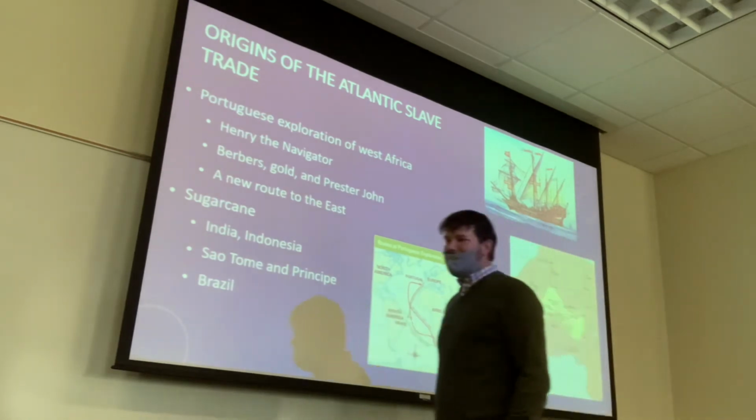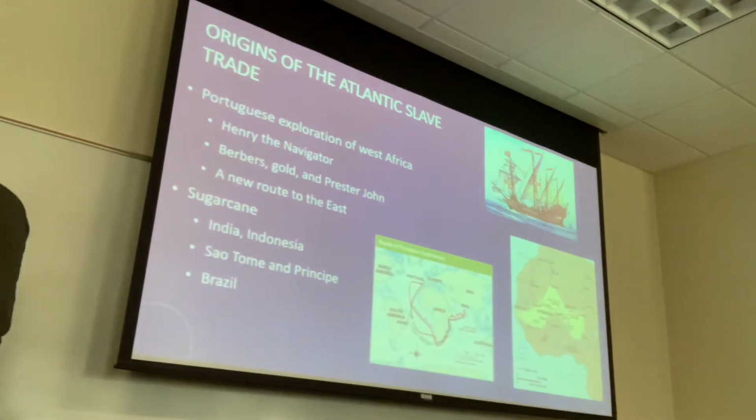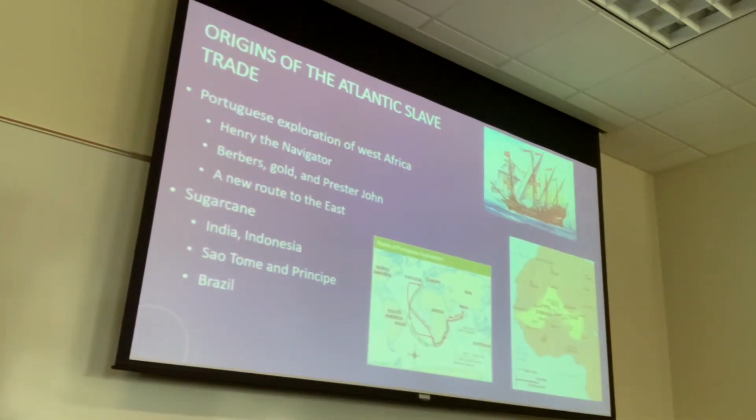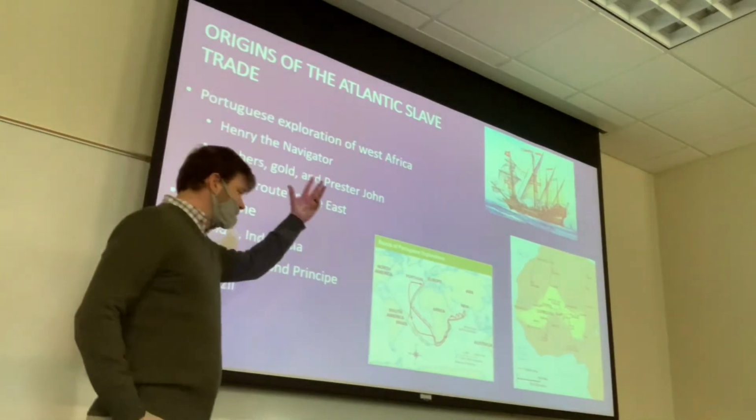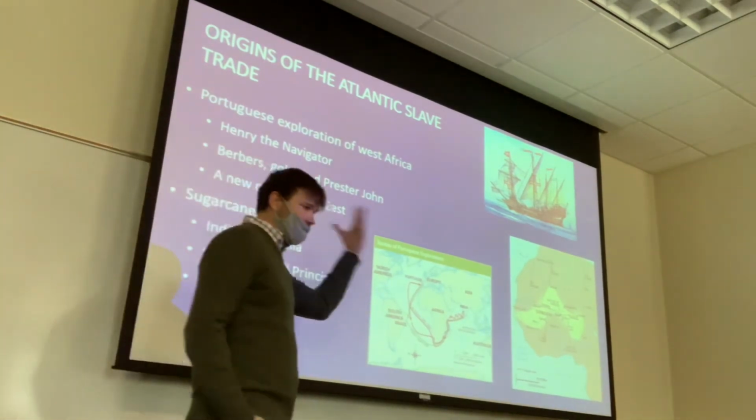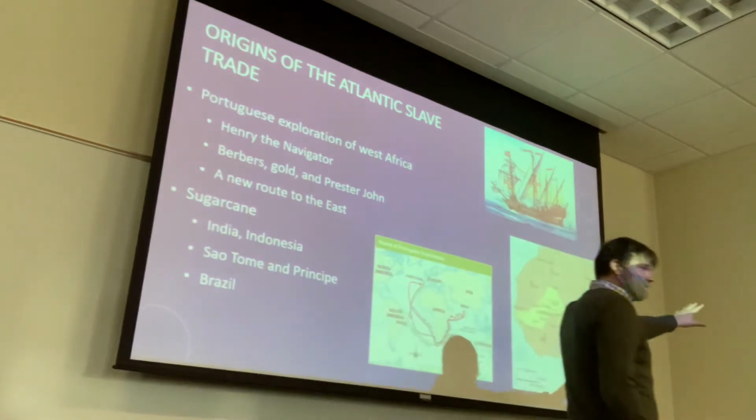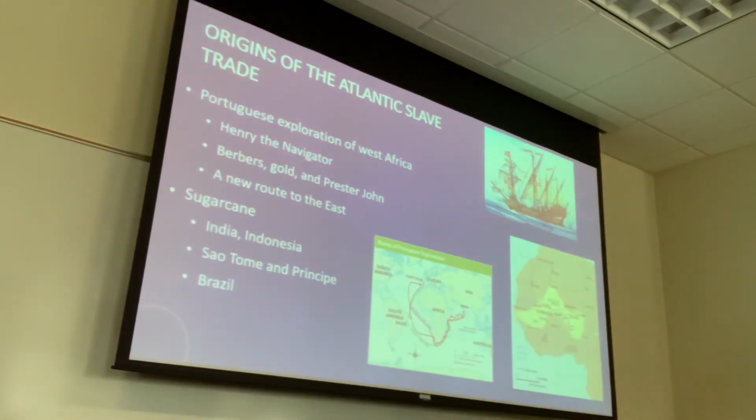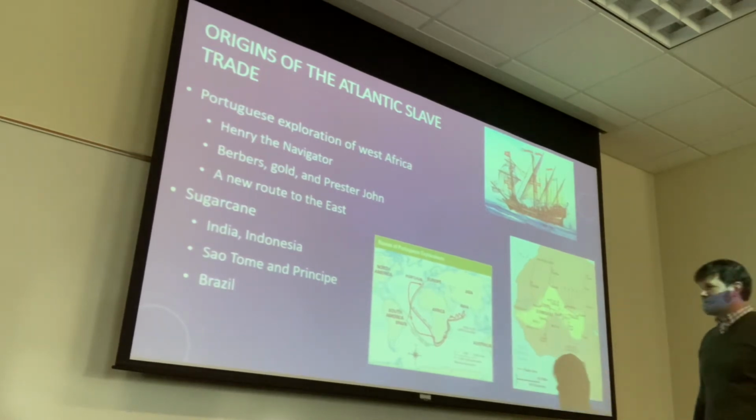And in doing so, they provided an example for subsequent nations of Western Europe establishing colonies as they murdered and pushed out Native Americans in the New World, including England, France, Spain, and the Dutch, the Netherlands, providing an example for them to follow, using African slave labor to grow cash crops.